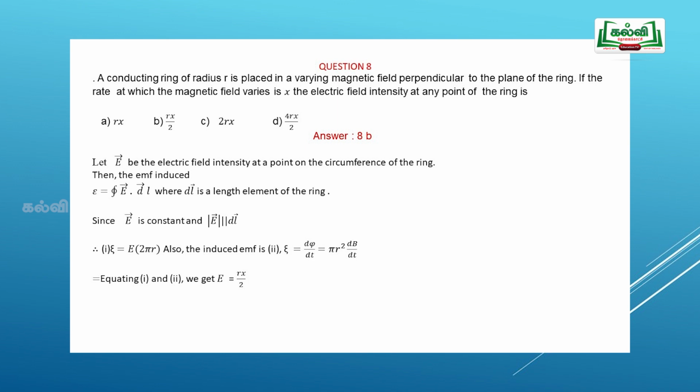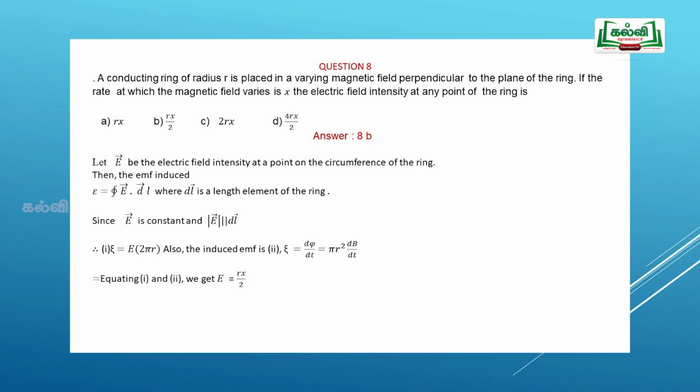Okay, we saw one problem like that, changing magnetic field. Here the ring is at rest and the magnetic field is varying at the rate of change of magnetic field, right? What is it? dB by dt.